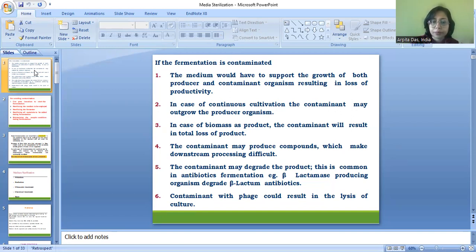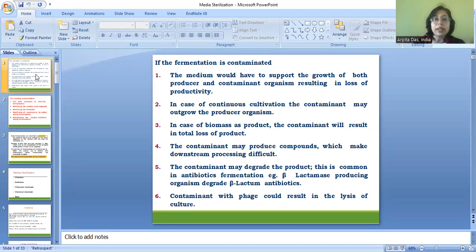So fourth point, we can say the contaminant may produce compounds which will make downstream processing difficult. Yes, along with this, my aim is to grow only this bacteria and this will produce certain protein. So along with this, another bacteria has also started growing and they will also produce certain products. Now all the products will mix together and it will be really difficult to remove them.